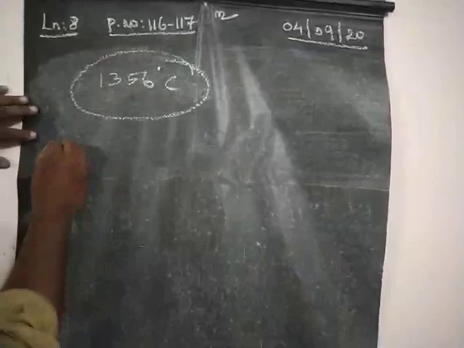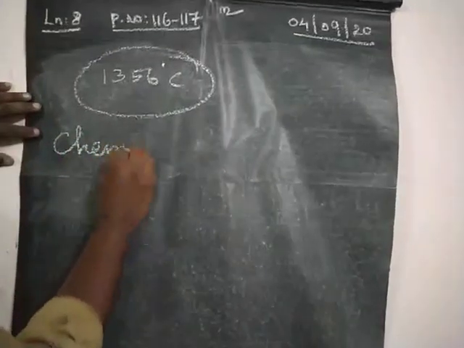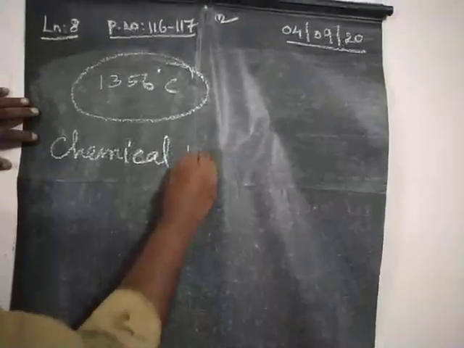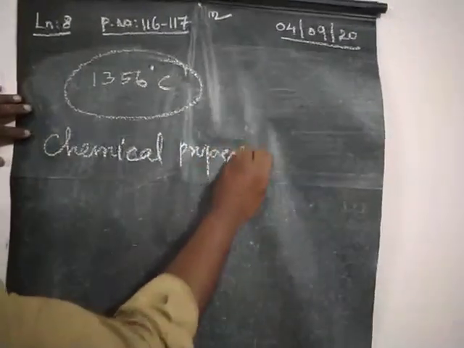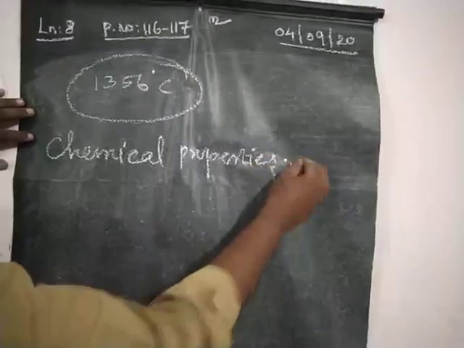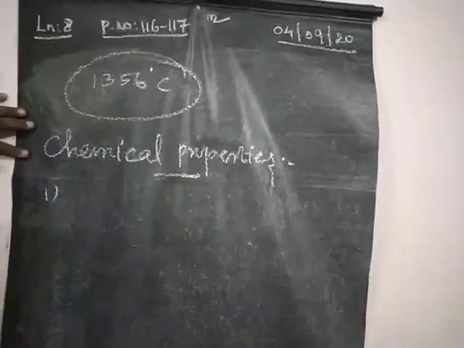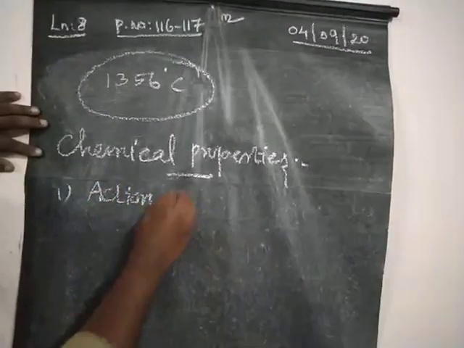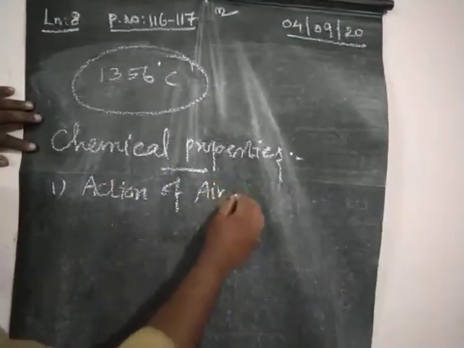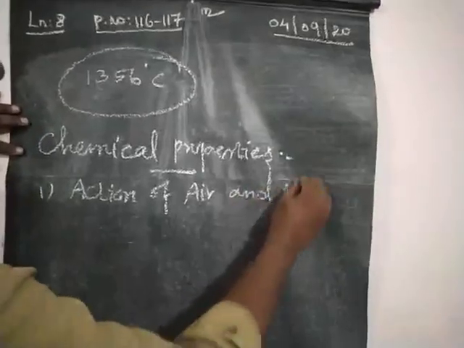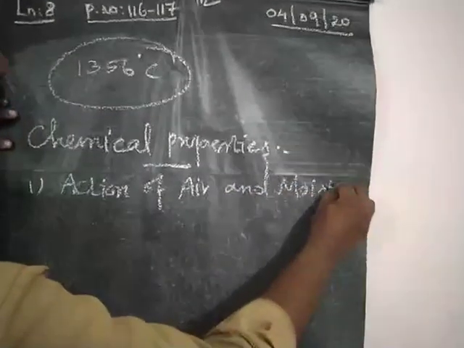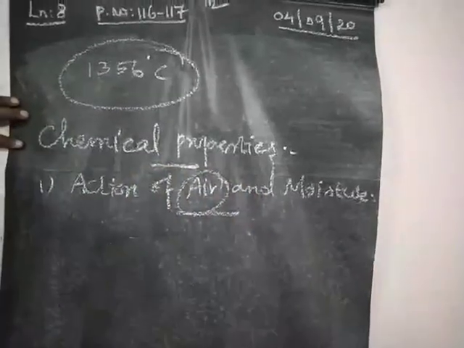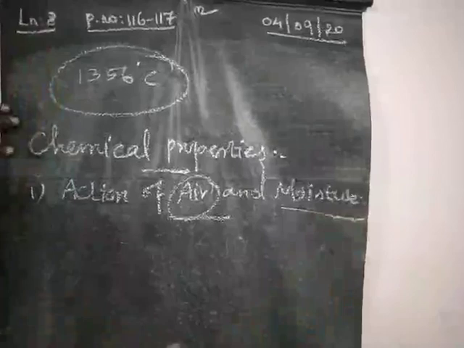Next, chemical properties. First one, action of air and moisture. Air is a mixture of gases, and moisture is water vapor.